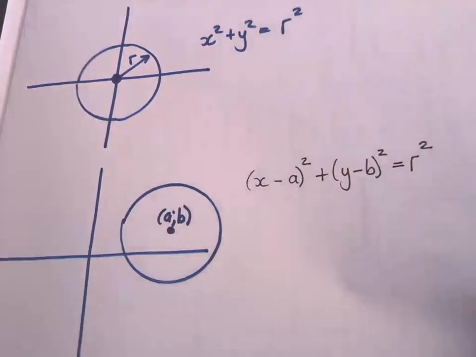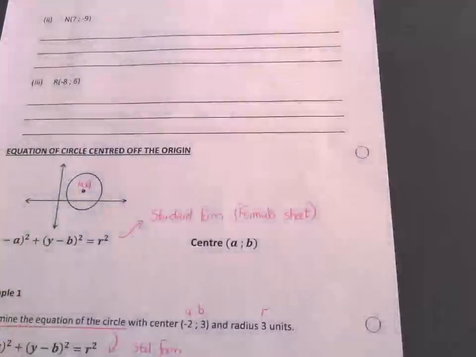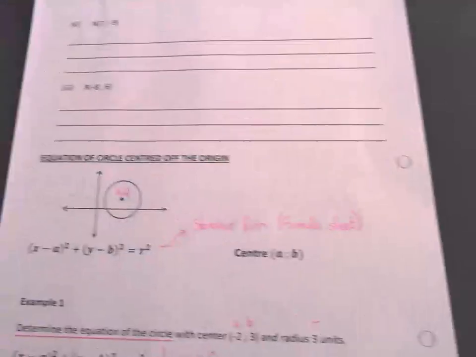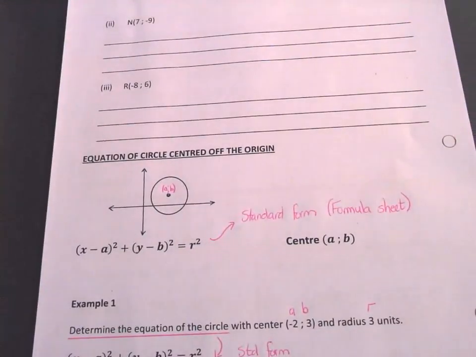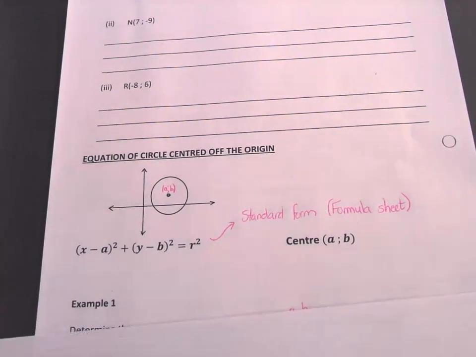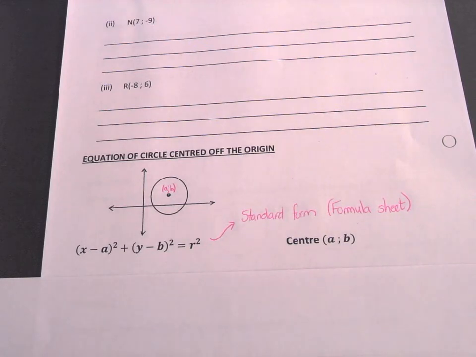Okay, so let's look at page 6. The equation of a circle centered off the origin. Now what's important in today's lesson is there are a number of formulas for the circle and you have to know the names of those formulas.